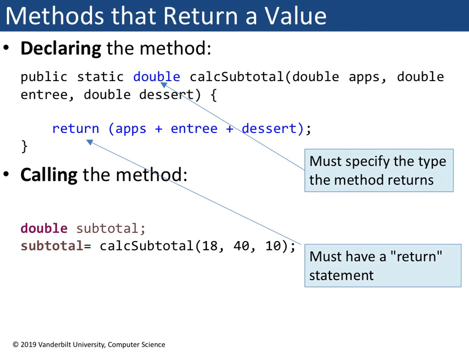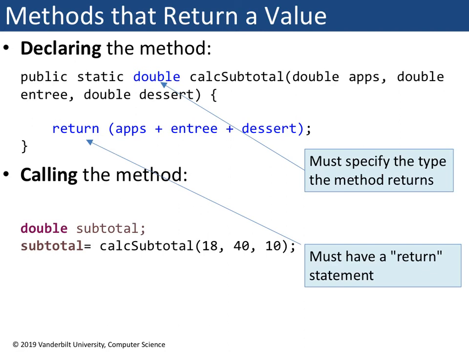The return statement consists of the keyword return followed by an expression, which will evaluate to a value, and the expression must evaluate to a value of the type double in this case, but whatever type you have defined in the method heading. So the method heading is the public static, data type and name, as well as any parameters defined, and then the method body is everything in curly braces.